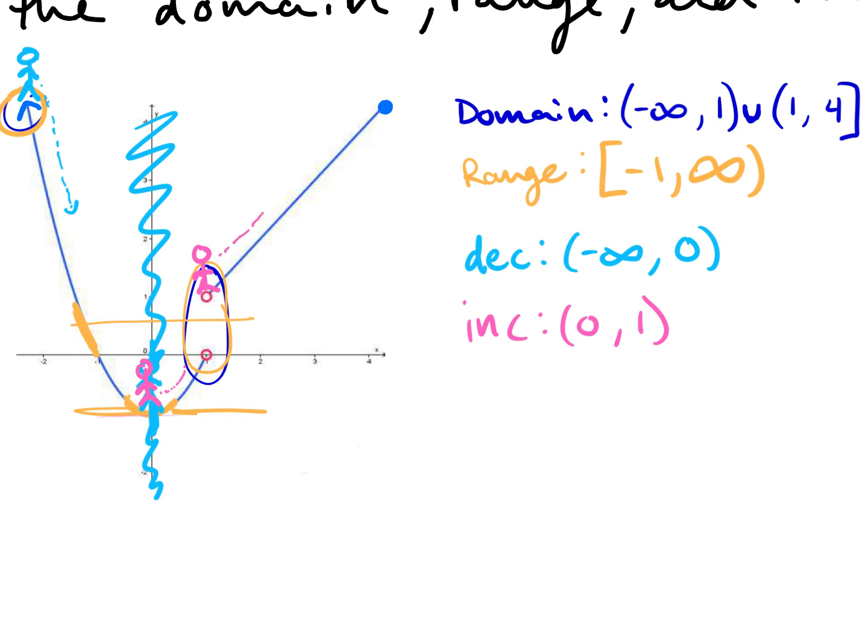If we go to the right, are we going uphill or downhill? Uphill, so we'd be increasing. We're increasing until what value? 4, till the x value 4. We go increasing to here. So we'd put a union, because we're still increasing from 1 to 4. So we have to include that gap at the 1 because our graph doesn't exist at the x value of 1. So we are increasing from 0 to 1, put a union, and from 1 to 4.